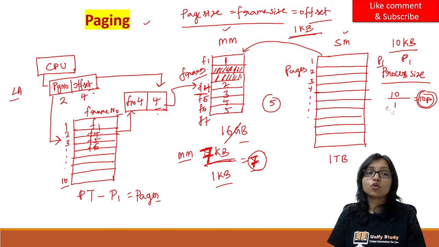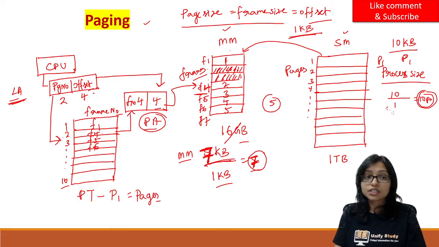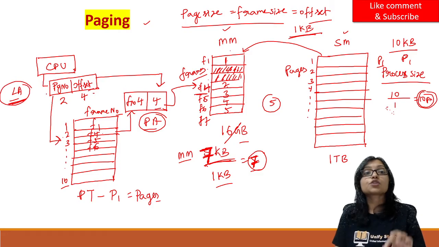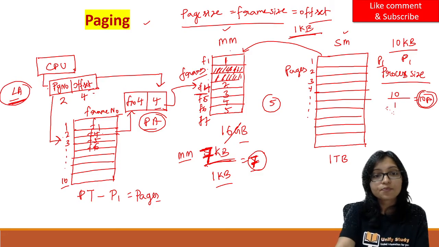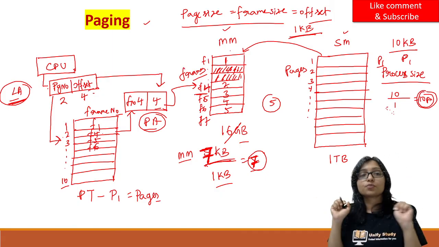This is the thing going on, and this is called the logical address and this is called the physical address. Logical address means page number and offset, and physical address means frame number and offset.